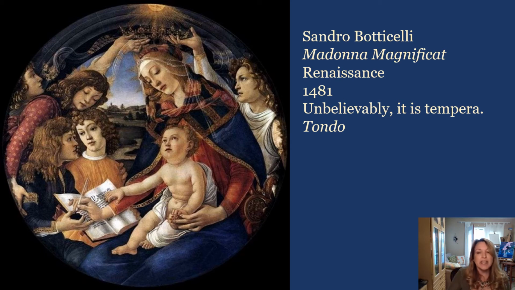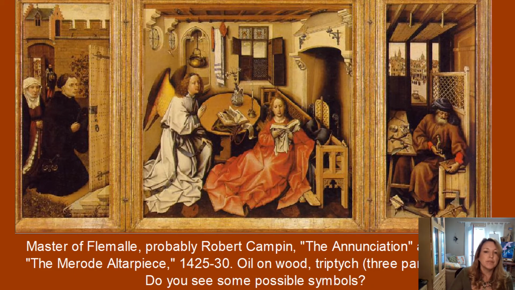Now, interestingly, this is actually tempera, and it doesn't have the same reflective qualities that you're going to see in oil. But even so, it's really quite incredible that he did this in tempera. So tondo is also a term we sometimes use, and that's a circular format in art. The circular format became very popular during the Renaissance.